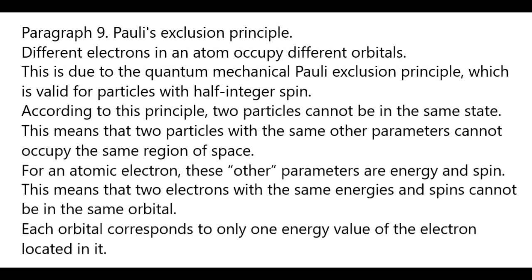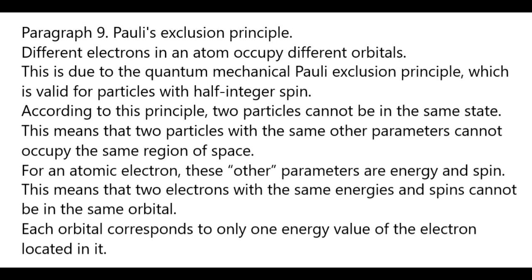Paragraph 9. Pauli's exclusion principle. Different electrons in an atom occupy different orbitals. This is due to the quantum mechanical Pauli exclusion principle, which is valid for particles with half-integer spin. According to this principle, two particles cannot be in the same state. This means that two particles with the same other parameters cannot occupy the same region of space.